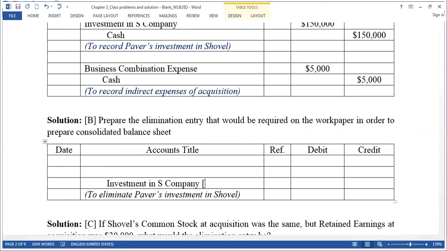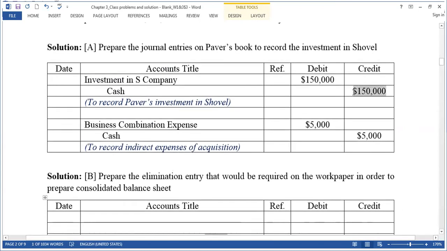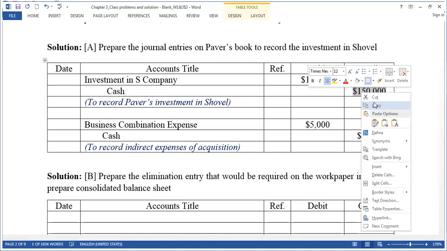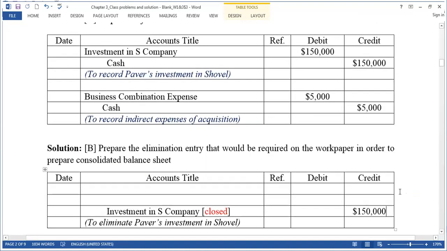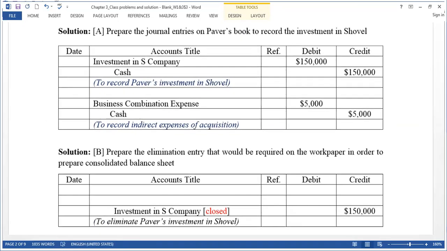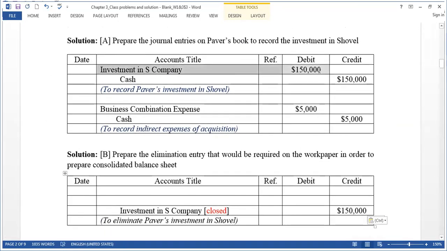This one is closed. We are going to eliminate our investment first. So investment close. Before we recorded $150,000 as debit. Now we record credit. So investment account closed, you can see here.